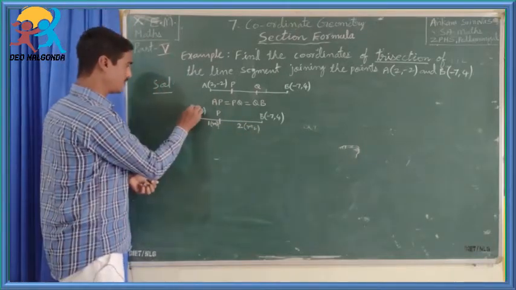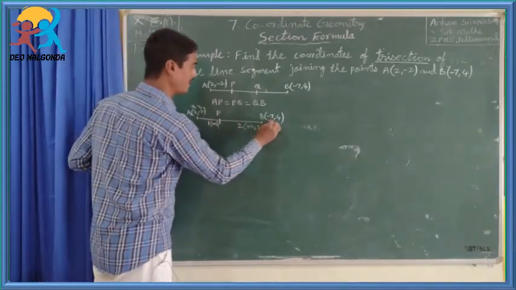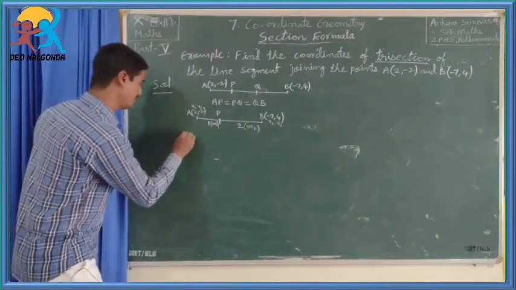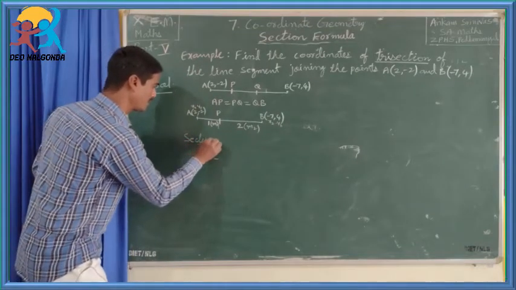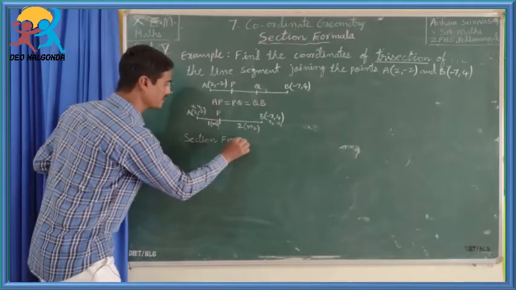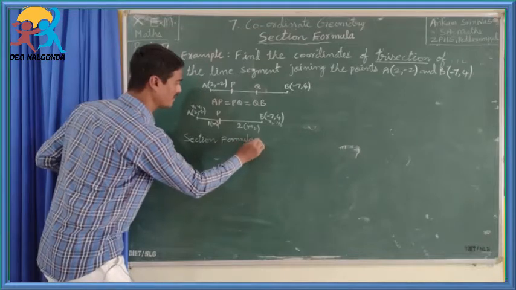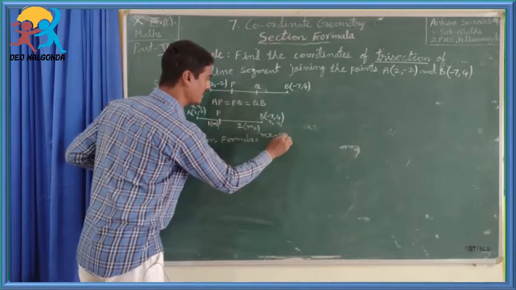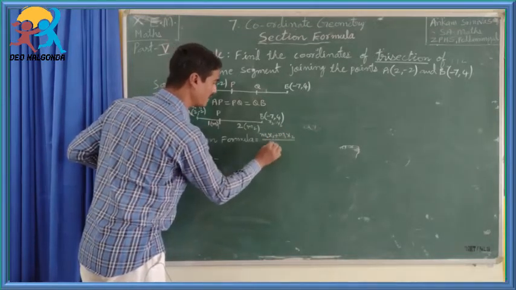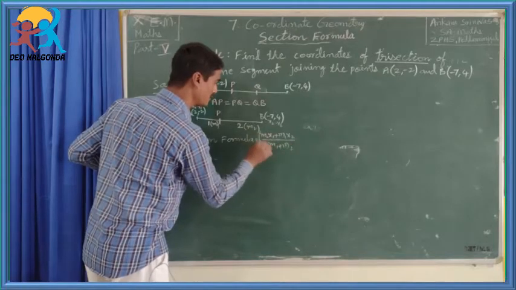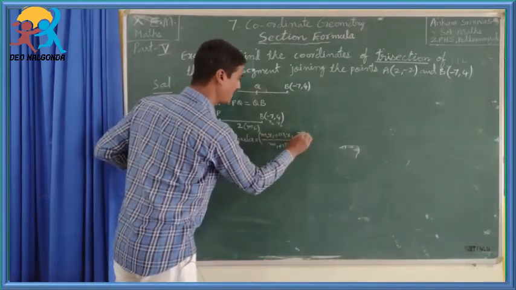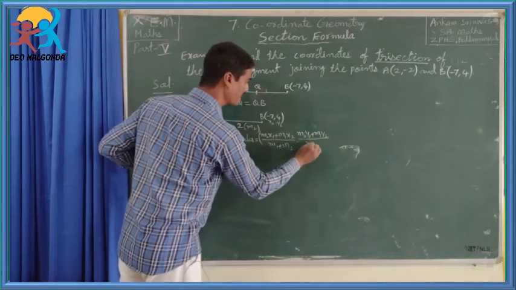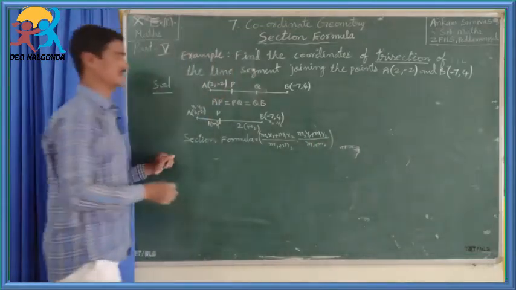Here this is m1 and this is m2, with x1, y1, x2, y2. Now, what is the section formula? Write the section formula first. The section formula is (m2 x1 + m1 x2)/(m1 + m2) and (m2 y1 + m1 y2)/(m1 + m2).